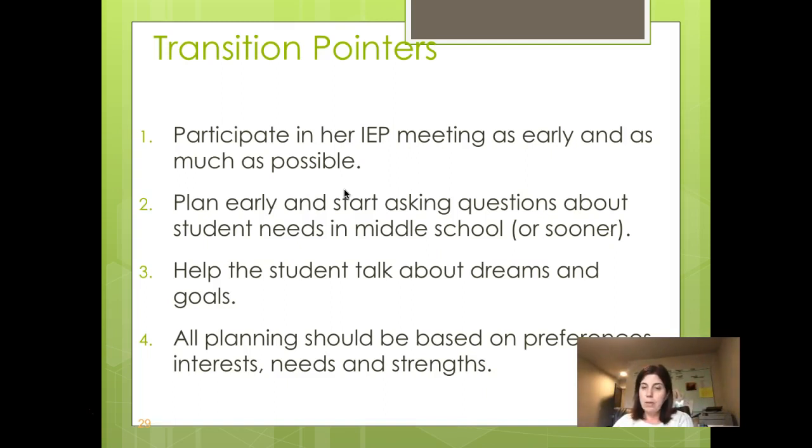And it's probably hard for the student too. So, have the family talk to the student ahead of time, and have the people who are working mostly with the student talk to them about their dreams and goals prior to the meeting, just to prepare them for the discussion. And planning should be based on preferences, interests, needs, and strengths.